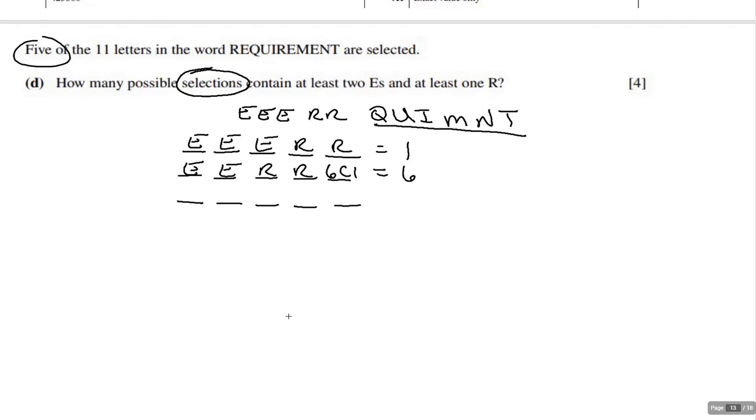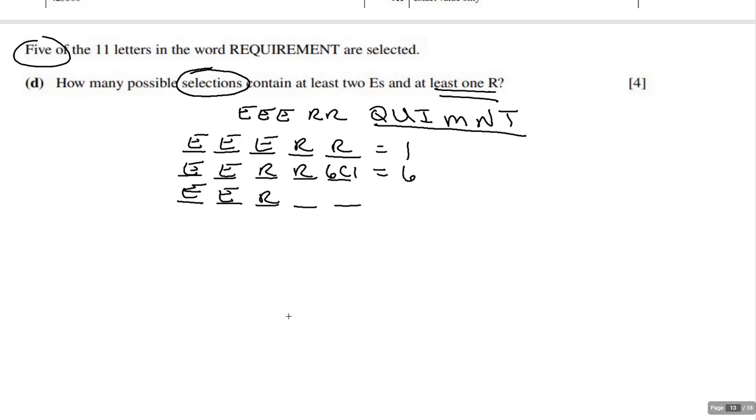You could do 2 E's and 1 R. Because 2 E's and 1 R, because it has to have at least 1 R, right? And so now, what could go in this spot? Because what we've said right now is in this scenario, there's going to be 2 E's and 1 R. And again, we don't have to worry about counting that out. That's just going to happen.